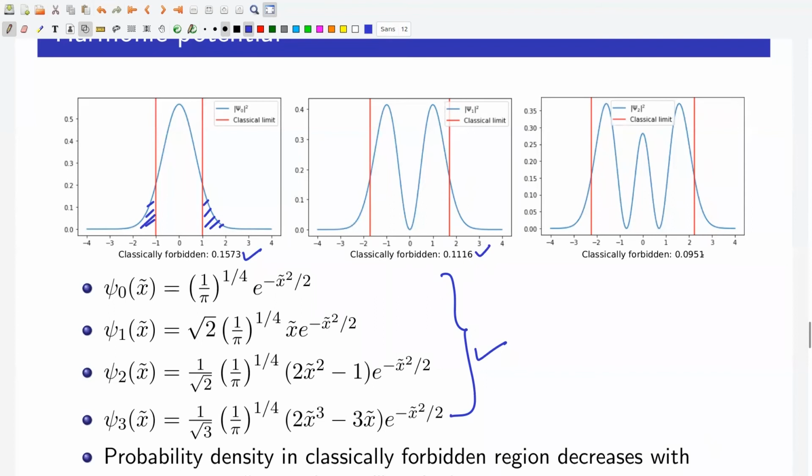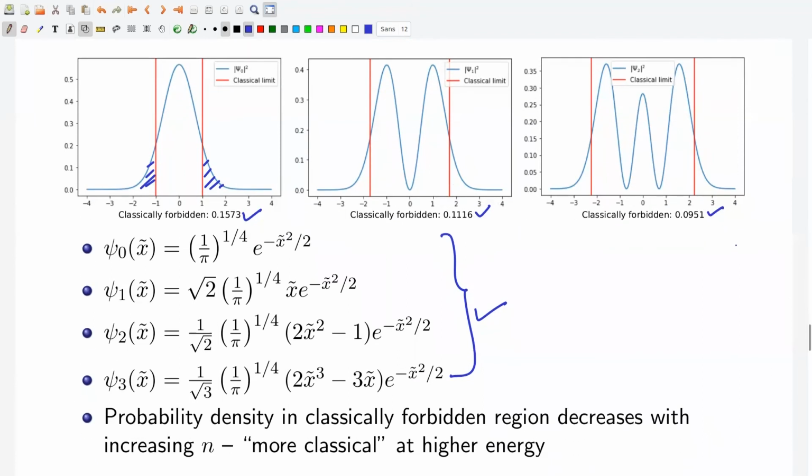And for the second excited state, this is equal to 0.0951. Thus, probability density in classically forbidden region decreases with increasing value of n. Thus, one can conclude that the particle becomes more classical at higher energy.